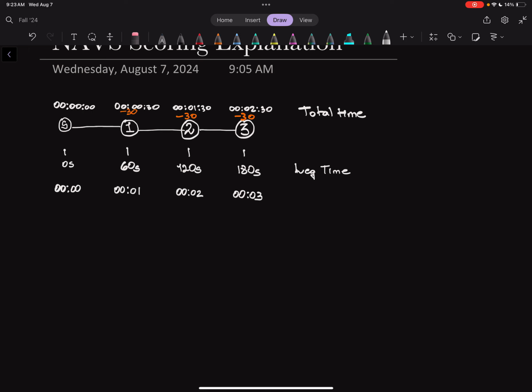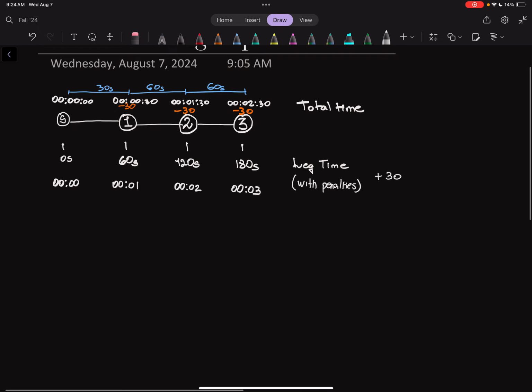So your total leg time with penalties is plus 30, right? You're getting 30 off of what you planned. And you also had that 30 off of this initial leg time, because my leg time here was 30 seconds. My leg time here was still 60 seconds. And my leg time here was still 60 seconds.